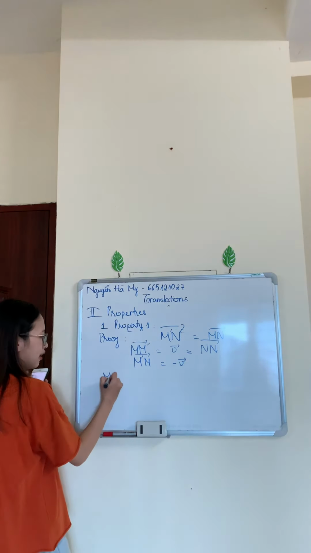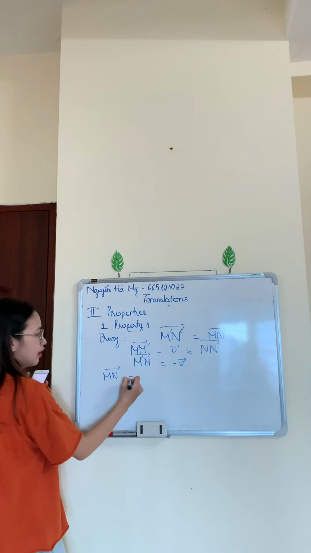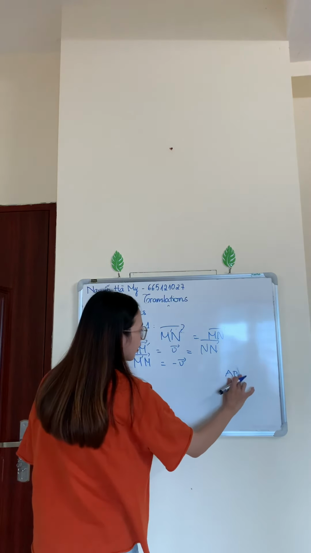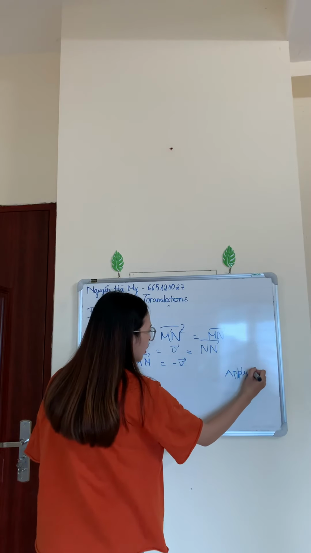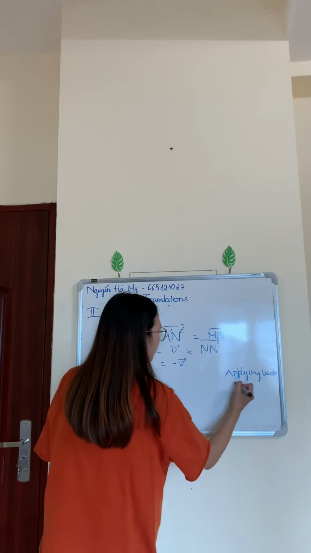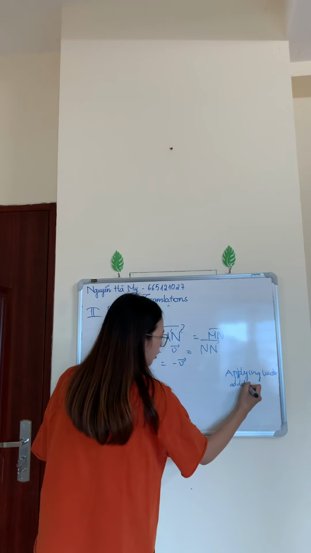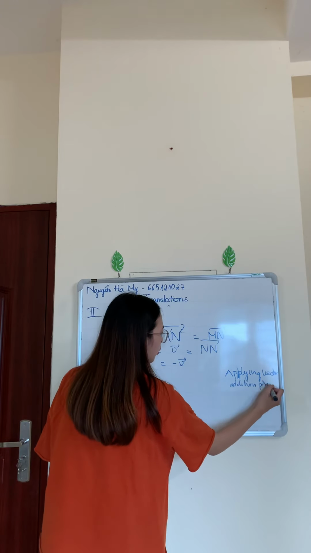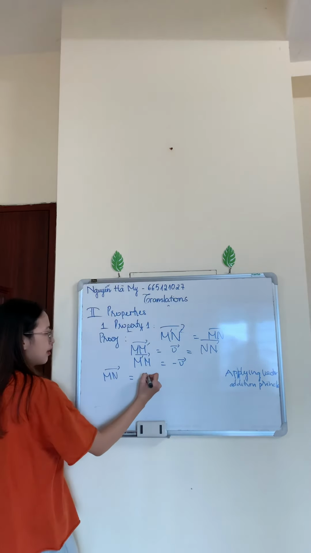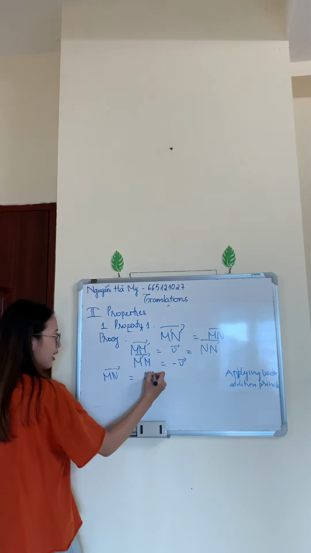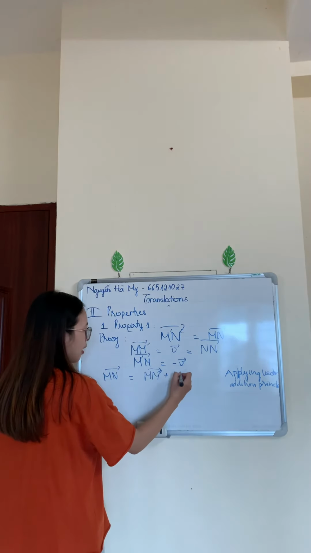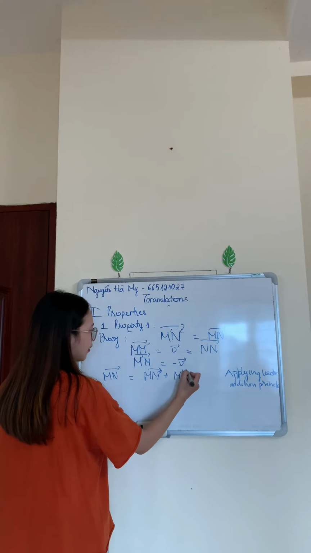So now, applying the vector addition principle, we have vector M prime N prime equals vector M prime M plus vector MN plus vector NN prime.